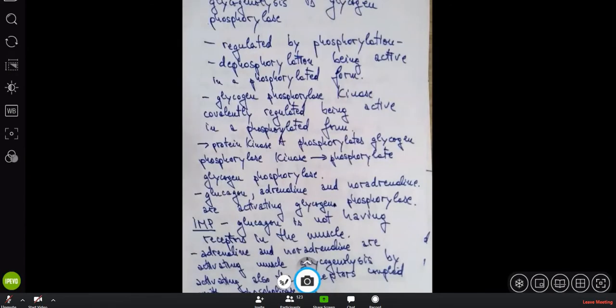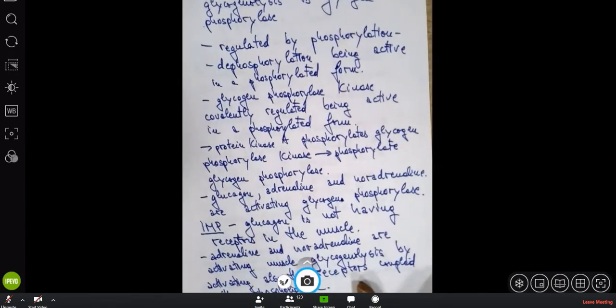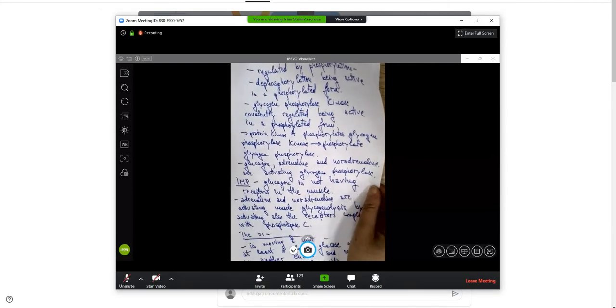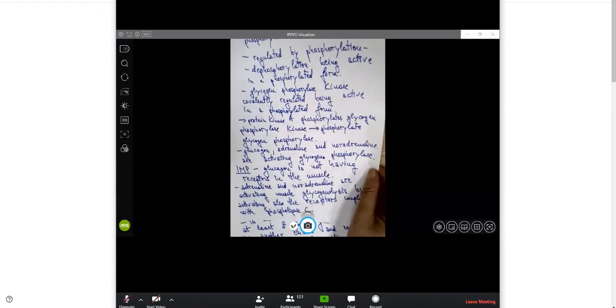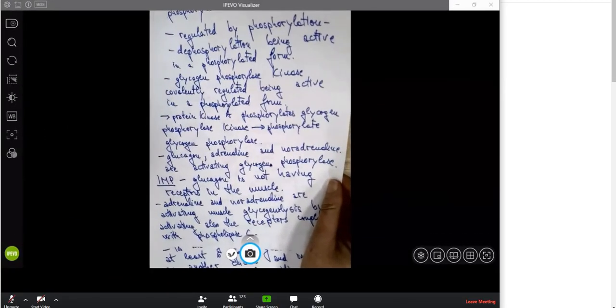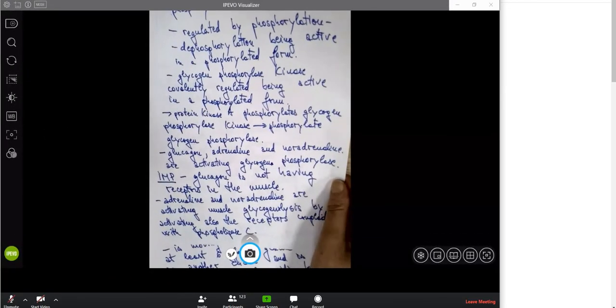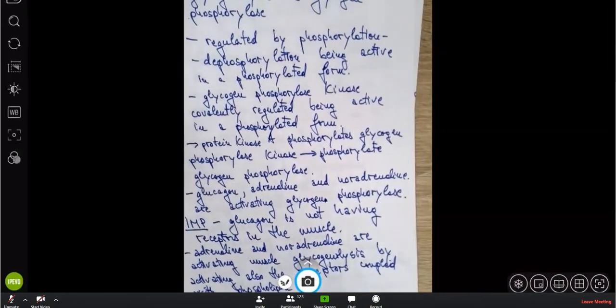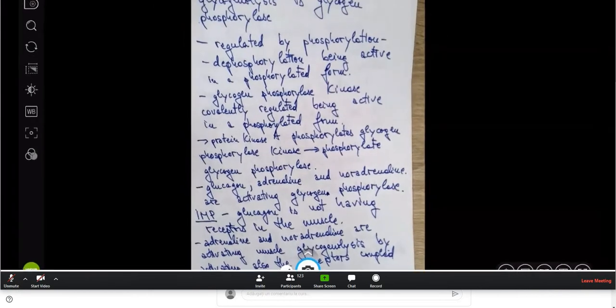Muscle. So, the regulatory enzyme for glycogenolysis is glycogen phosphorylase, and this is tightly regulated by several steps of phosphorylation.